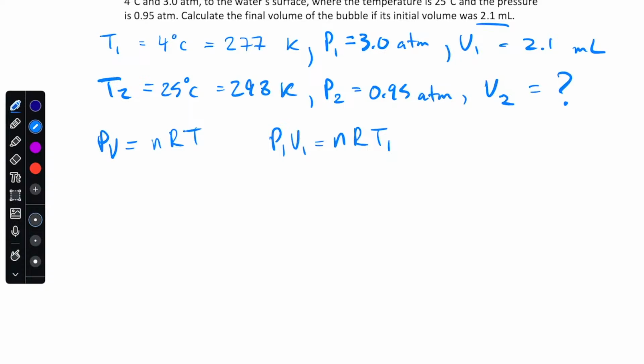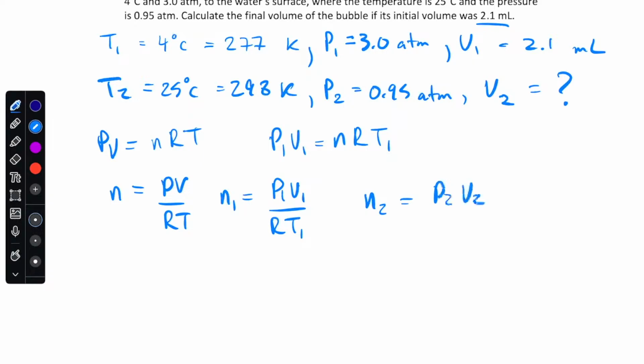So what we're going to do here is make the assumption that the bubble has the same number of moles of gas before and after. When it rises up, we're not changing n. So n is constant. That means n equals PV over RT, or n1 equals P1 V1 over RT1, and n2 equals P2 V2 over RT2.